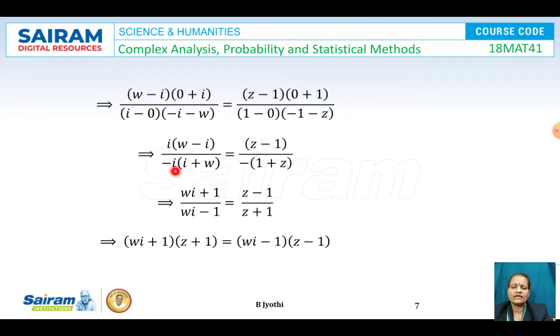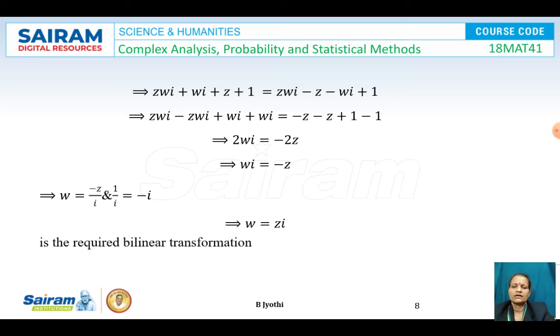On multiplying i in the numerator, we get (Wi + 1) = (Z - 1), and in the denominator (Wi - 1) = (Z + 1). Cross multiplying, we get (Wi + 1)(Z + 1) = (Wi - 1)(Z - 1). After multiplication, Zwi + Z + Wi + 1 = Zwi - Z - Wi + 1.